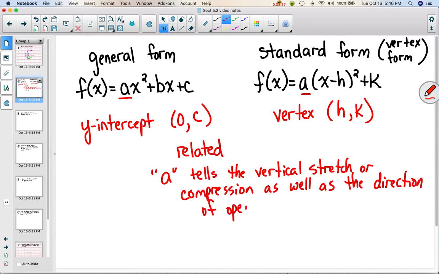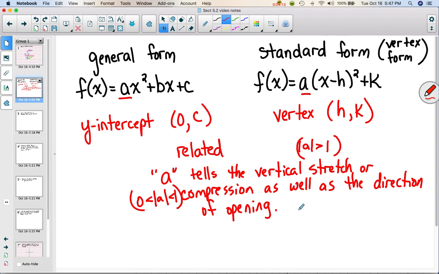If it opens up, the value of a is going to be positive. If it opens down, the value of a will be negative. If the absolute value of a is greater than 1, it's vertically stretched. If the absolute value of a is between 0 and 1, then it would be a compression. So it is the same value of a.